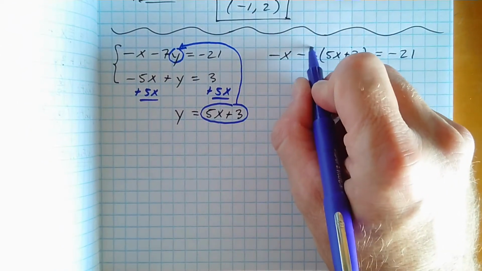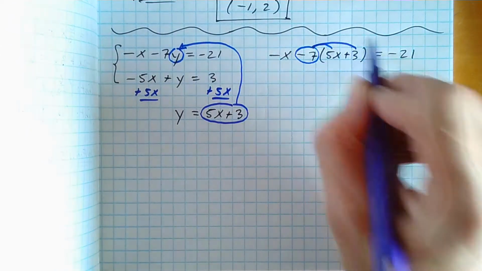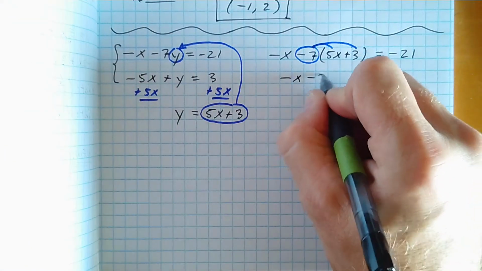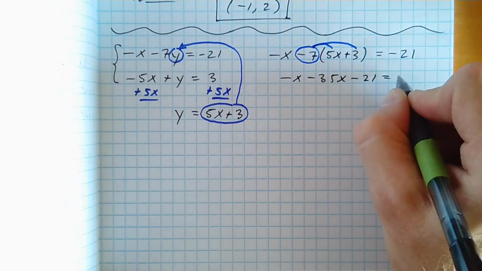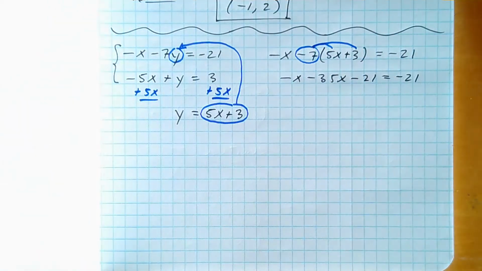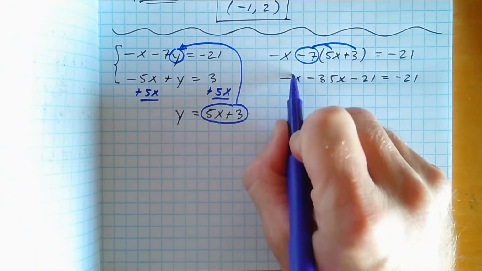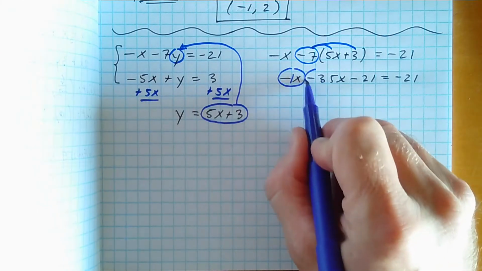I'm going to be careful because this is a negative number right here. I'm going to distribute, and I have negative x minus 35x minus 21 equals negative 21. I'm going to combine like terms. Negative x, that's like negative 1x minus 35x.